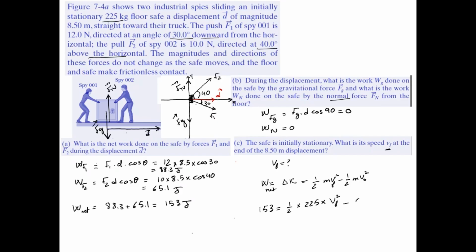And the initial speed is 0, so this is 0. I can solve for v final, which is equal to radical 2 times 153 over 225. This is 1.2 meters per second.